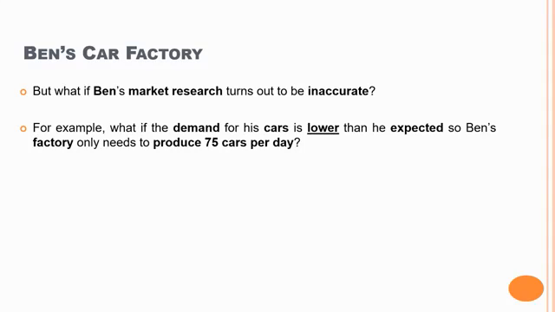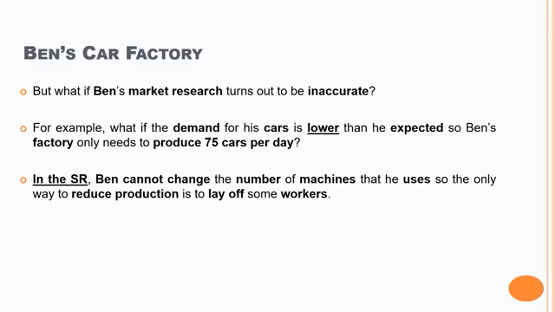You do not have sufficient workers to use this quantity of capital, because in the short run, and this is what I explain here, in the short run, Ben cannot change the number of machines that he uses, 50 machines. So the only way to reduce production is to lay off some workers. In the short run, the only factor of production that is variable is labor. So if we want to adjust our production from 100 cars to 75 cars, the only thing I can do is to reduce the quantity of labor that I hire.